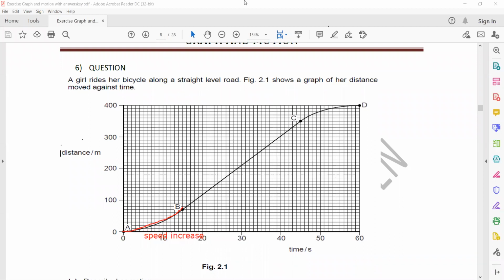From B to C, it's a straight line. Whenever it's a straight line, it means it is having a constant speed.